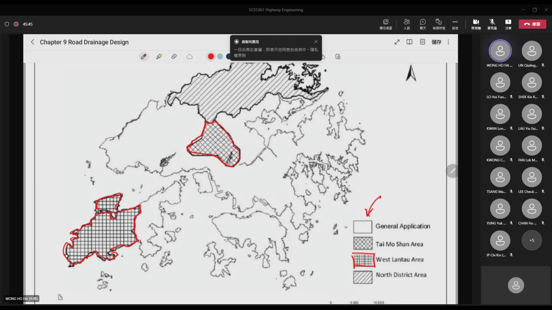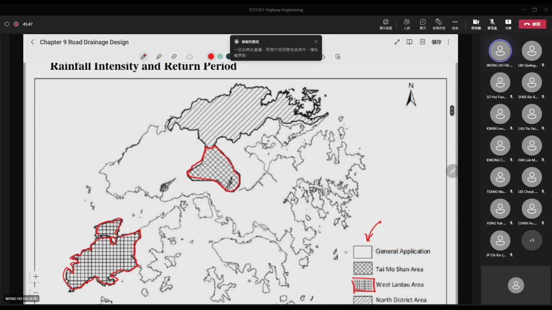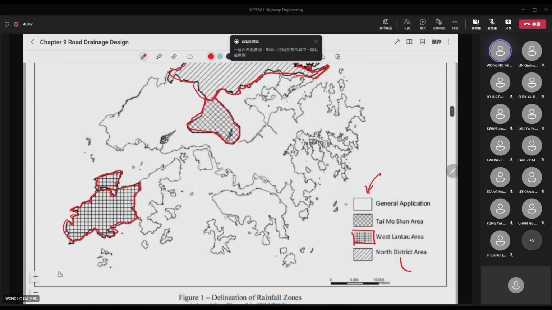And finally, if your location is within the North District area, just like you are in Fanling or in Lo Wu, okay? Then you will follow the so-called North District area. Now I will mention about that very soon, so don't worry about that. And then all remaining areas will be the general applications.